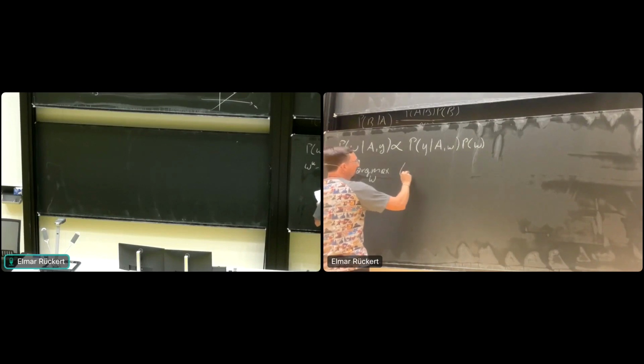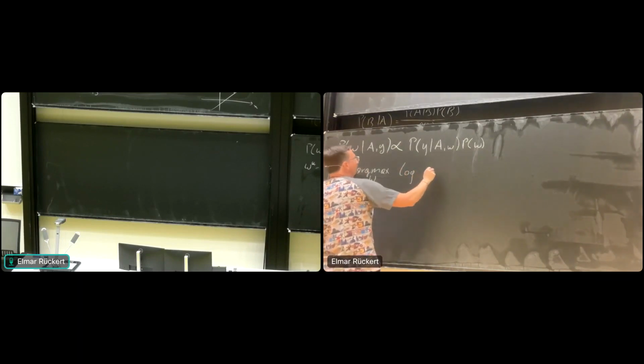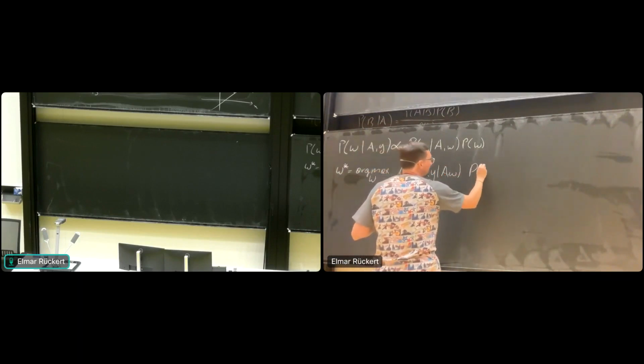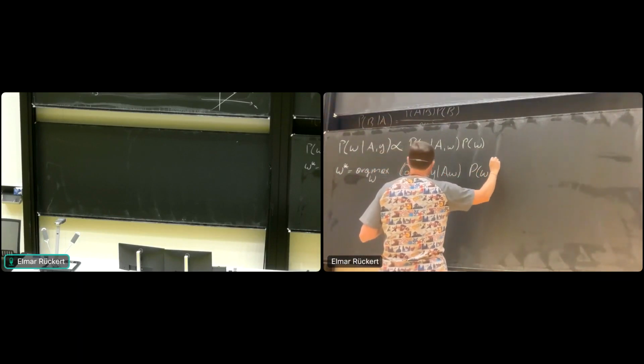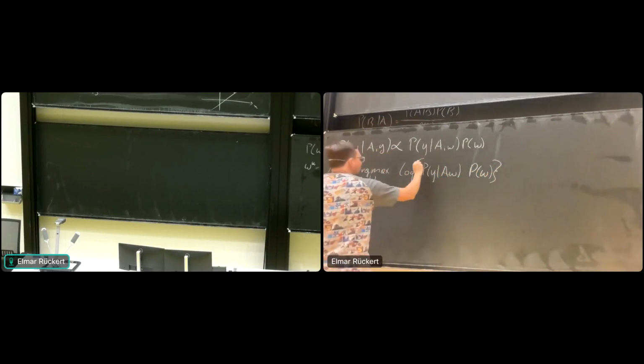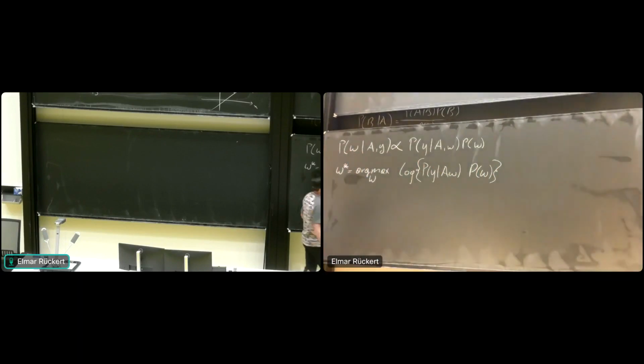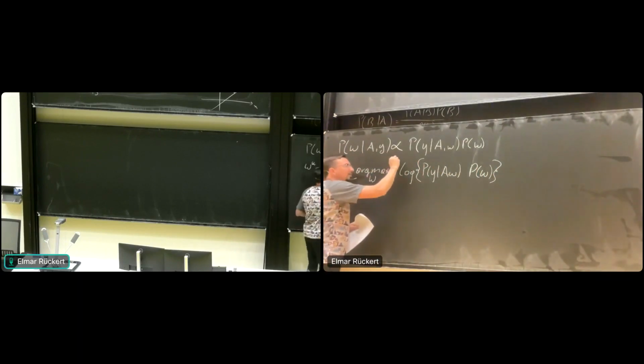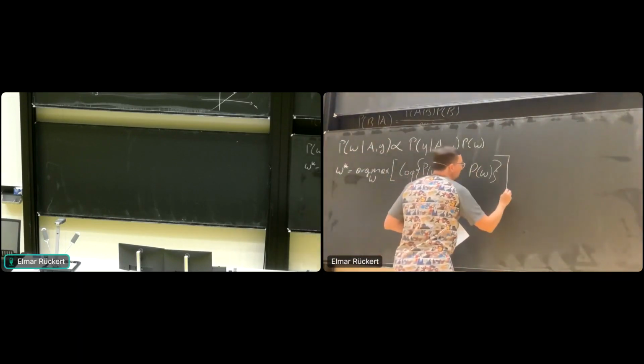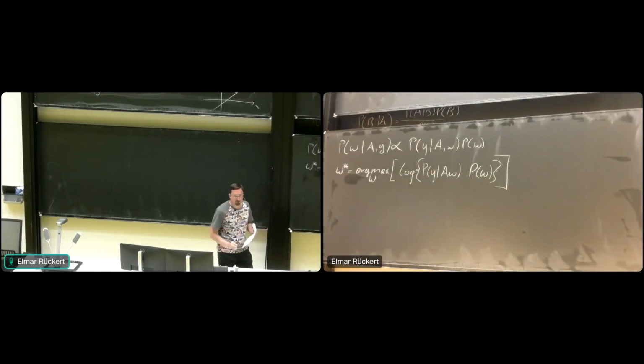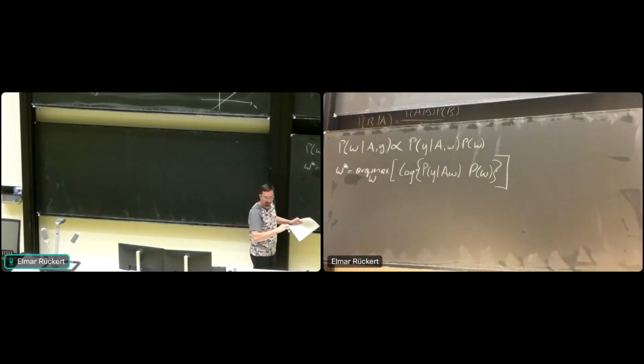So we define here the log of our likelihood times the prior, times P of W, which is our prior. To be correct, you would need another set of parentheses here for the argmax operator. I will omit that in the future.